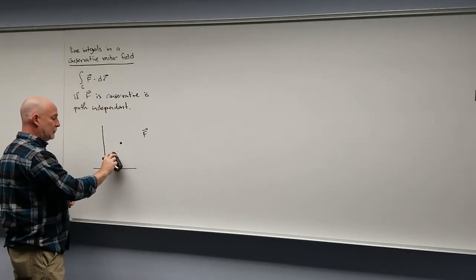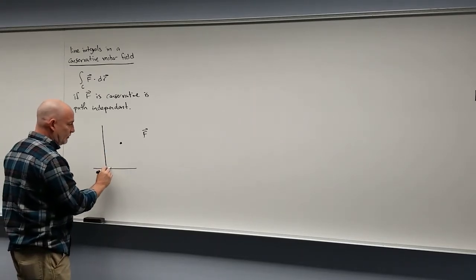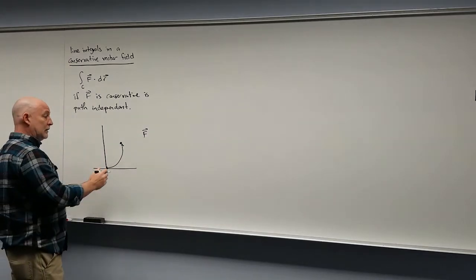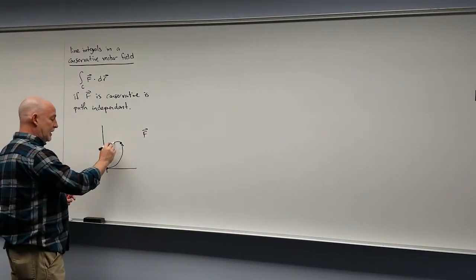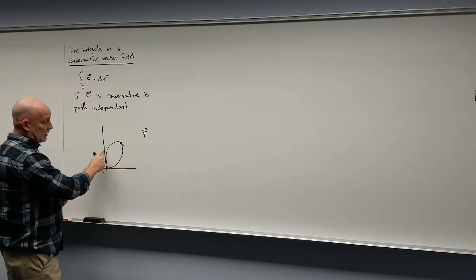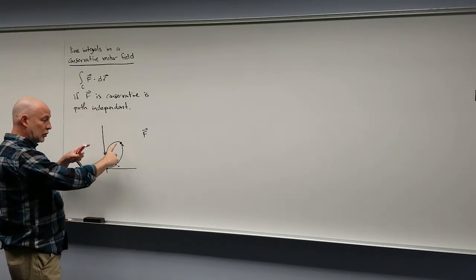Since it's path independent, and I'm just going to kind of draw a picture, whatever path I take to here, I'm going to get the same answer. And if I start here, whatever path I take back, I'm going to get the opposite answer. Now notice what we ended up here with. We ended up with a closed circle or a closed curve.